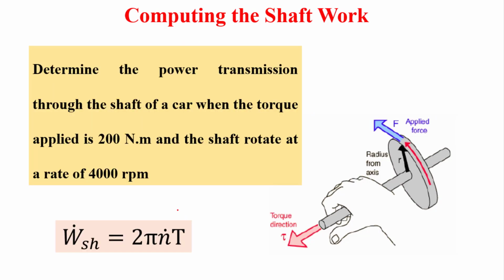Now, a very quick example: determine the power transmission through the shaft of a car. So here we have a shaft of a car, and we need the power transmission when the torque is applied, so this is the torque, and the shaft rotates at a rate of 4,000 RPM. So this is n, or I can call it n dot.